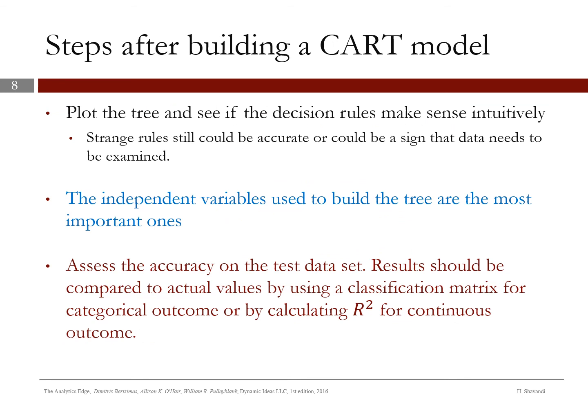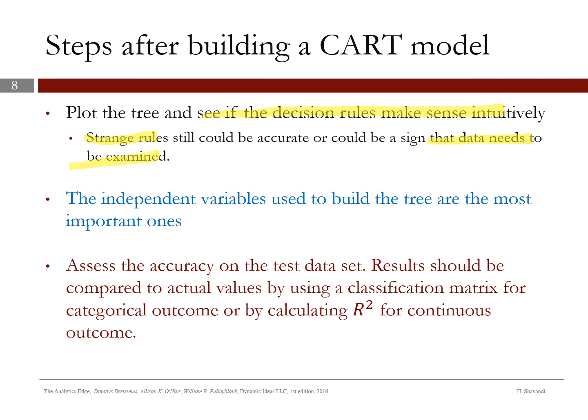After building a CART model in R, we need to plot the tree and see if all decision rules make sense. We may see some strange rules sometimes, and if we see some rules are strange, then we may need to do more investigation, okay?